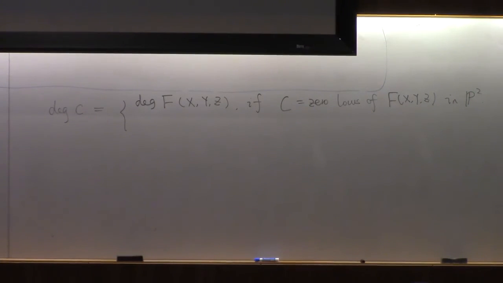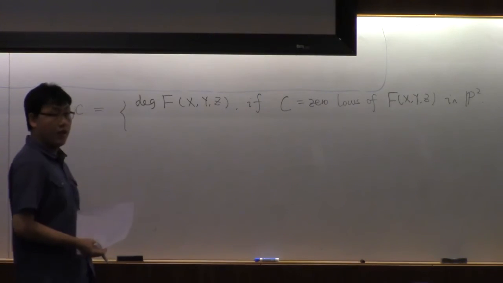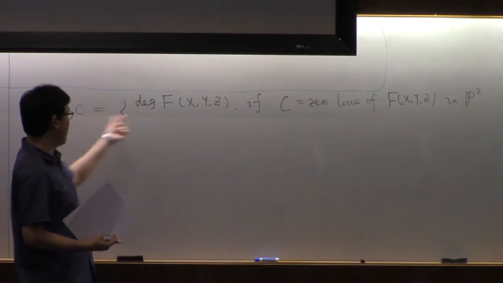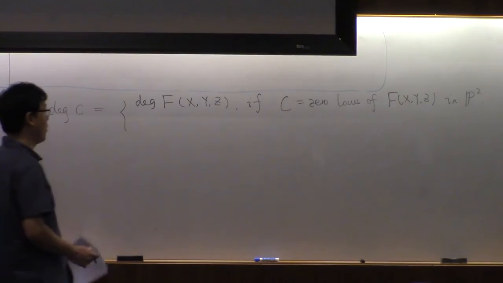So if in the projective plane a homogeneous polynomial f defines a curve, then I just define the degree of the curve to be the degree of this homogeneous polynomial.